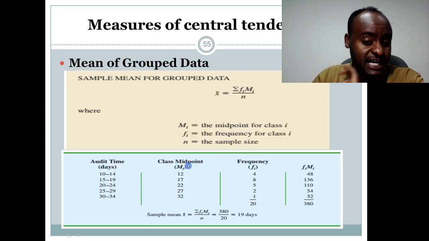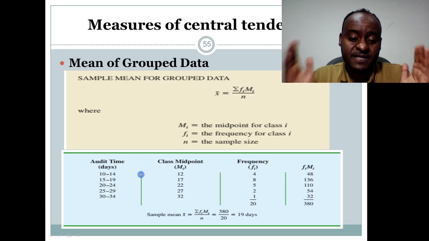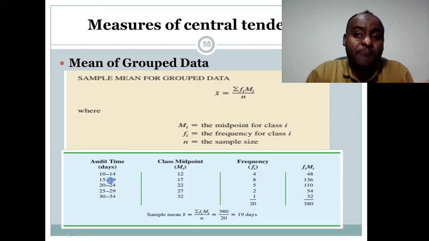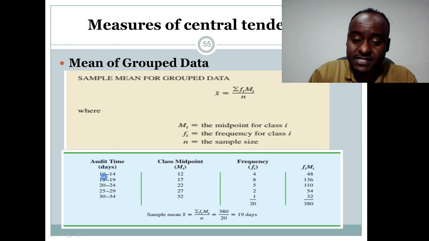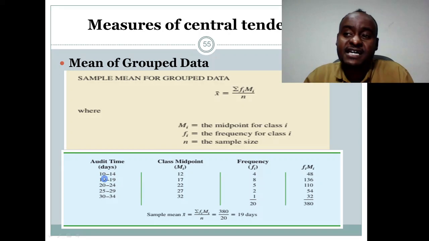So the class midpoint is the average of the class boundaries. This is the lower boundary or lower limit. This is the upper boundary or upper limit, and then it is the average of the class limits.